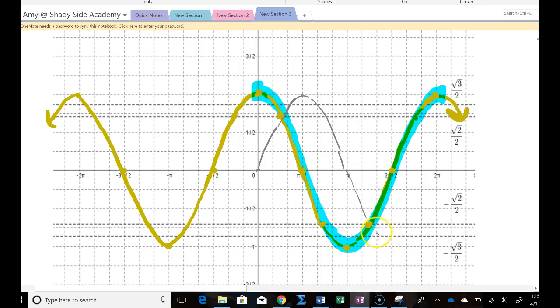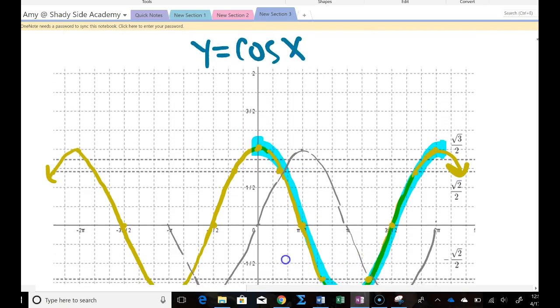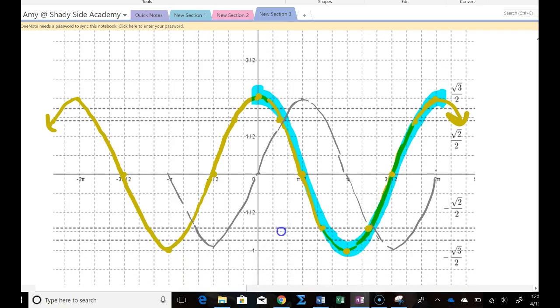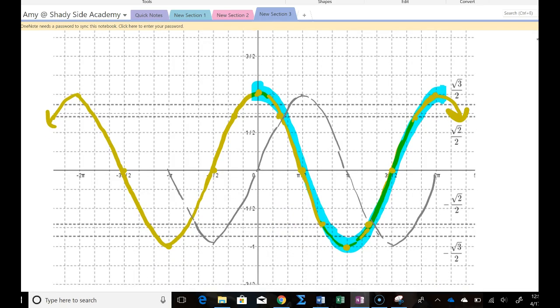And what I'm going to be talking about in class when I see you is, I think it's not too much of a stretch to say that the graph of y equals sine x here in gray and y equals cosine x are identical, except that one could argue that y equals cosine x is basically y equals sine x shifted a certain amount, and we'll talk about that when I see you in class. But for now, let's get back to the matter at hand, which is our new friend y equals cosine x. Okay, let me just go through and delete this. Take this out.